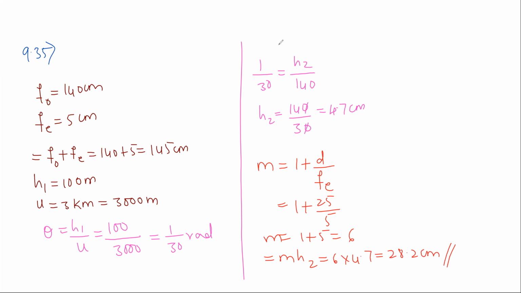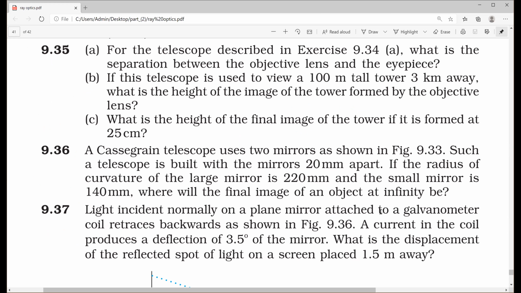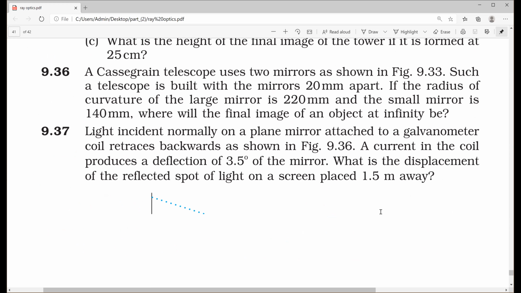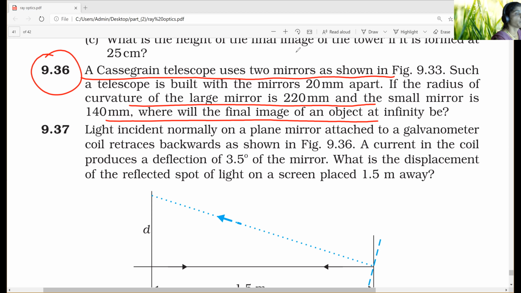So next we shall see 9.36. So what they ask in the question: a Cassegrain telescope uses 2 mirrors.